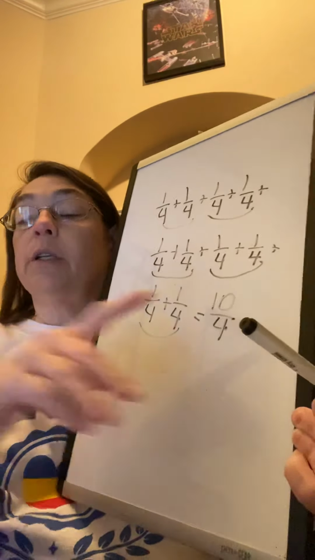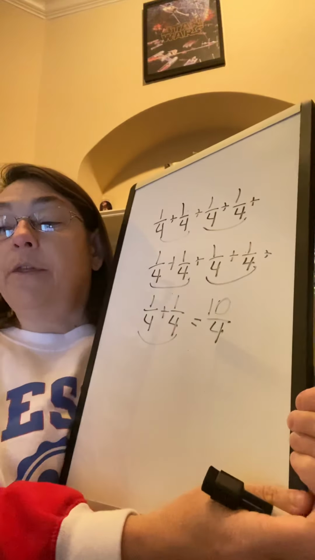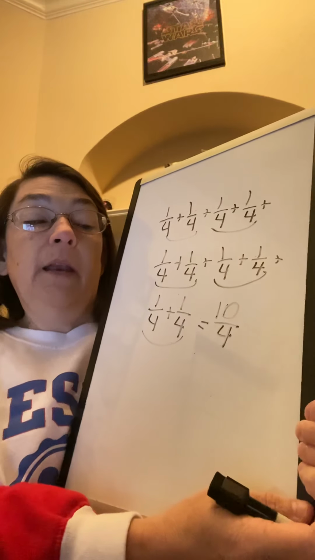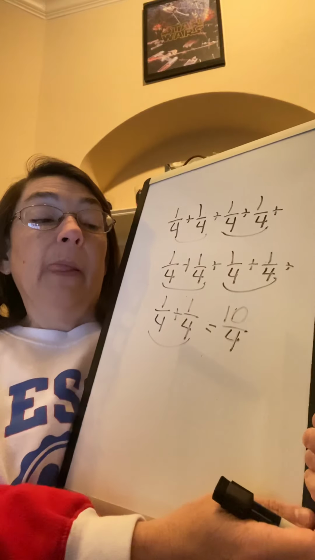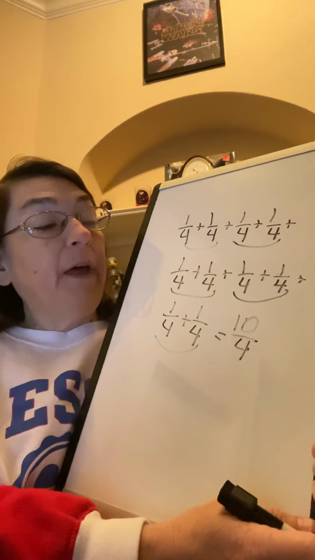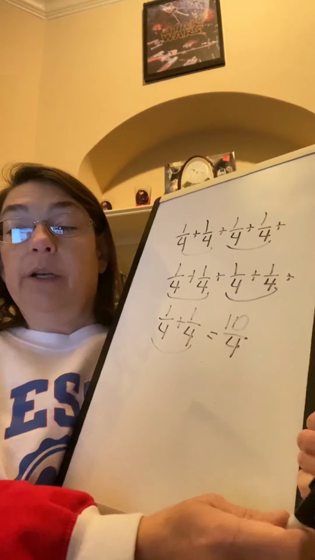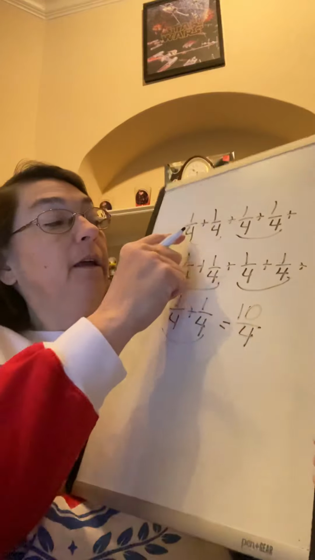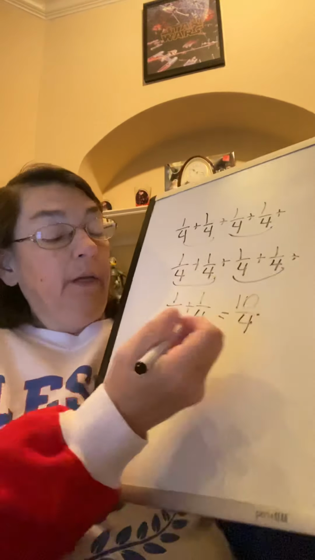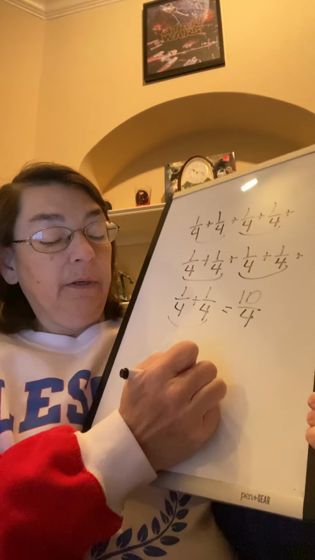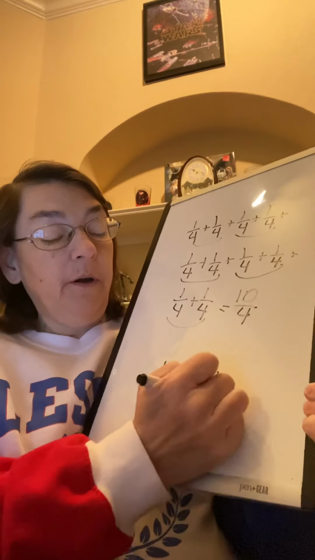Okay, so she walked 10 1/4. Okay, now, if I wanted to find this out without doing all the addition, I could. I could count them all, and say that she went 10 times 1 over 4.